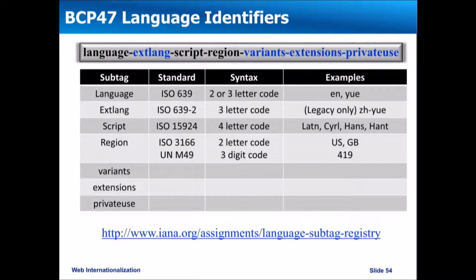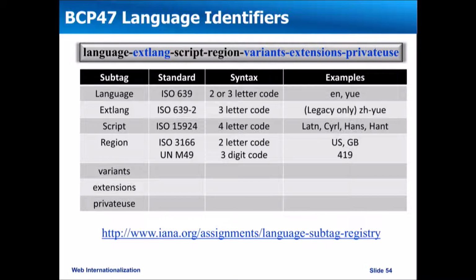The region codes, the ISO 3166 codes, tend to be mostly country codes. The UN codes tend to be regions of all sorts of granularity. You can say Latin America is 419. So if you want to say this is Spanish for Latin America, kind of a universal Spanish, you would say ES for the Spanish language, 419 to say this is good anywhere in Latin America.